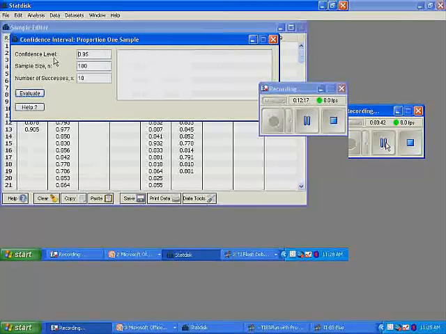What confidence level do you want? What do we want? 95%, right? What's our sample size? Well, 100, actually, we left out. What's the number of successes we had? We had 19 green? Okay. Let's evaluate.